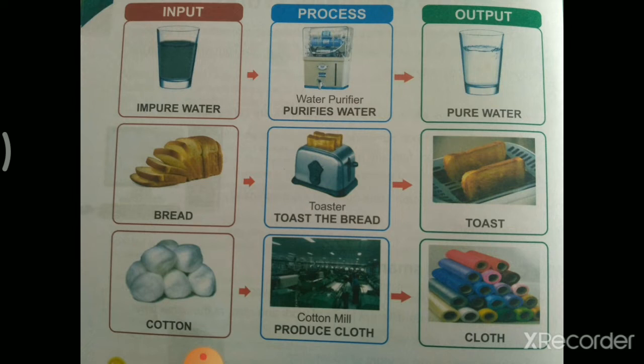Here input is bread. Then process, toast the bread. Output is toast. Next is how to make cloth. Here input is cotton. Then process, the cotton mill produces cloth. Output is cloth.